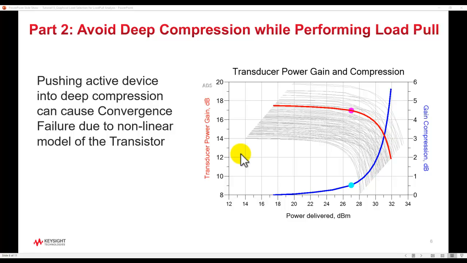But sometimes during that analysis, depending upon which load point you are analyzing, some of the load points can really push your device into deep compression, and that's where we might see convergence failure, due to the nonlinear model of the device being pushed into such a corner that it cannot produce a steady state response, causing the convergence failure during harmonic balance analysis, which we use during load pull.